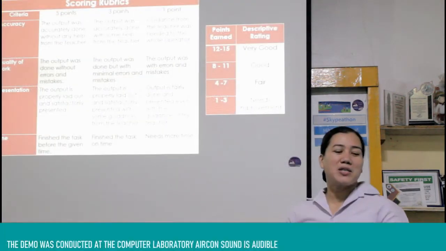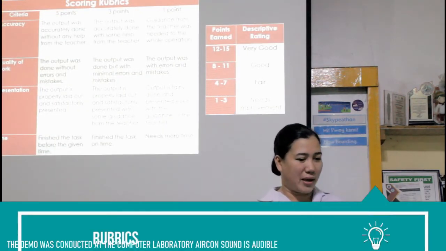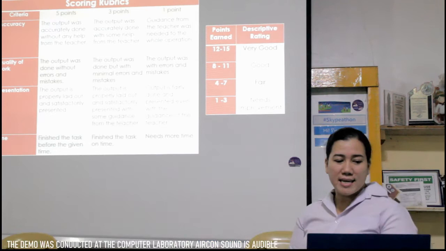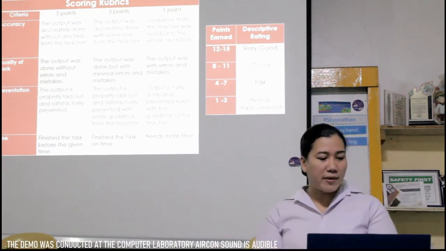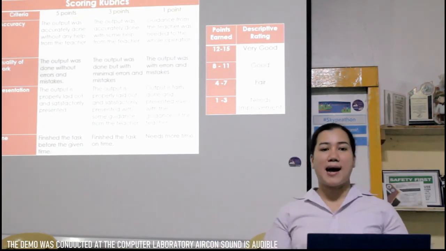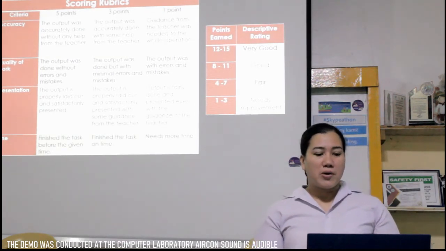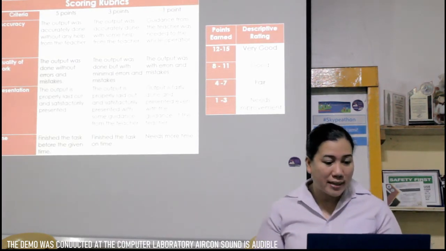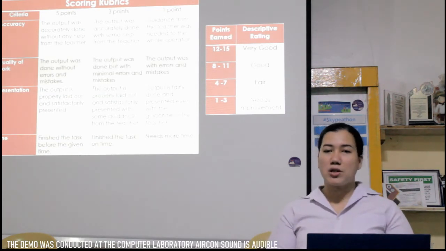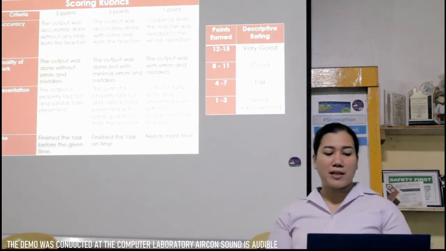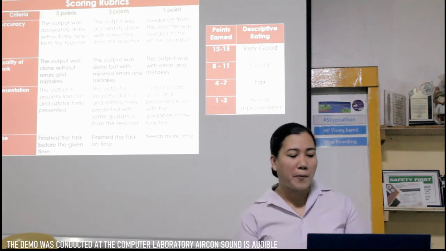Okay, we also have our scoring rubrics here. We have accuracy. You can have 5 points if the output was accurately done without any help from the teacher. 3 points, the output was accurately done with some help from the teacher. 1 point, guidance from the teacher was needed for the whole operation.